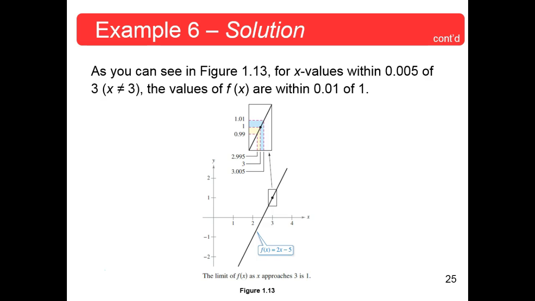So if you choose an epsilon between 0.99 and 1.01, something in between these two, and if you choose a delta within 0.005 of your 3, 2.995 up to 3.005, then this is going to guarantee you're going to fall between those.